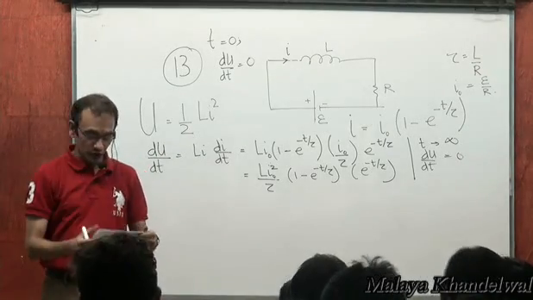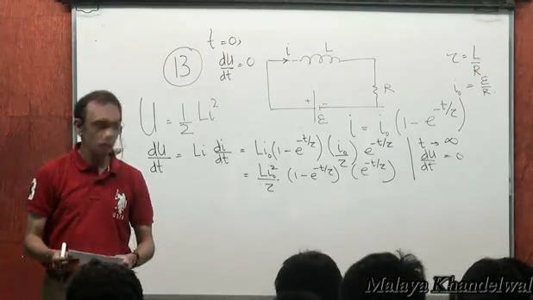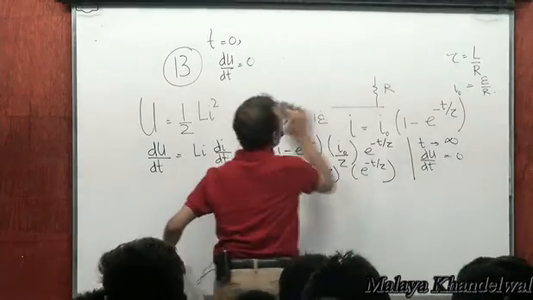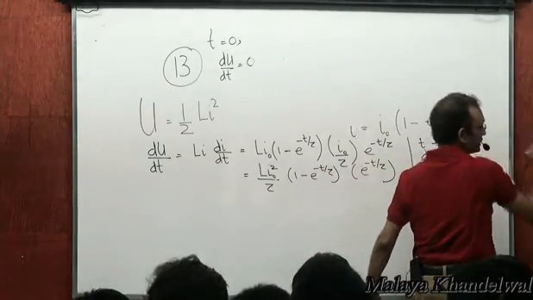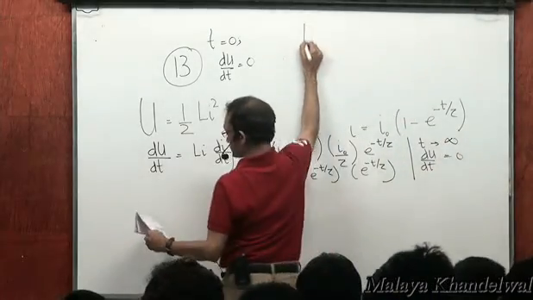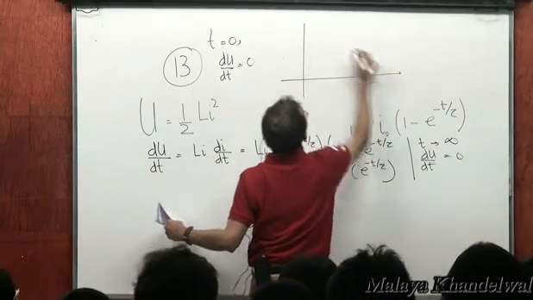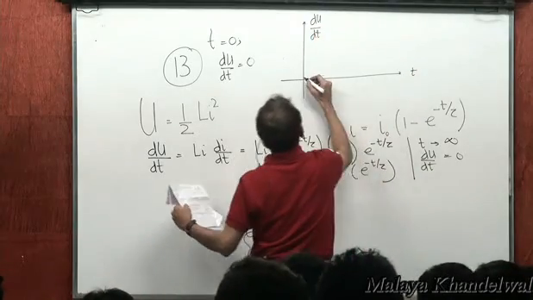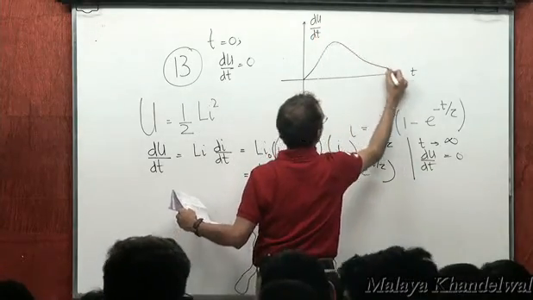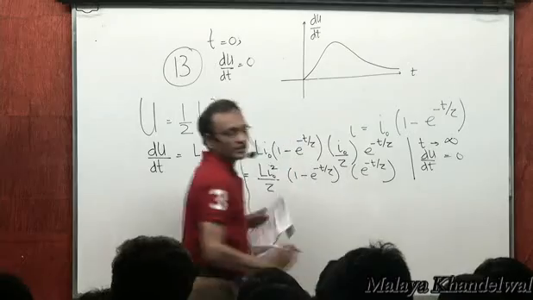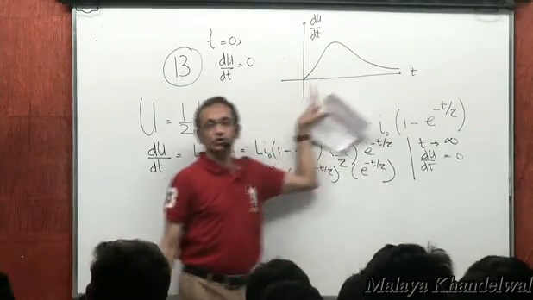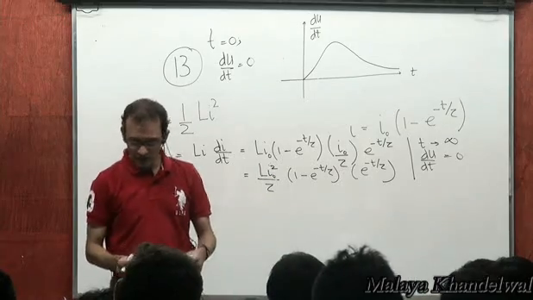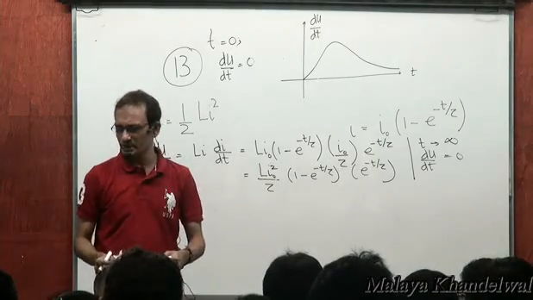So one thing for sure, it has to be option A, where dU/dt versus t is like this. At t equal to infinity, dU/dt is 0, and at t equal to 0, dU/dt is 0. So only option A matches the bill.